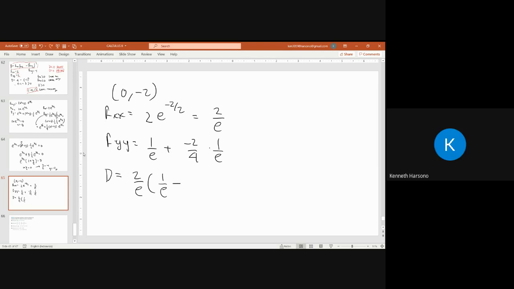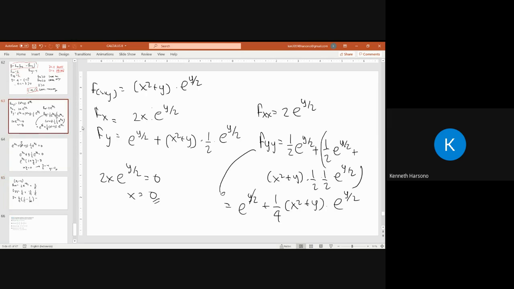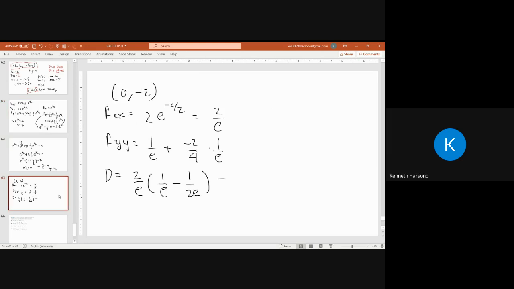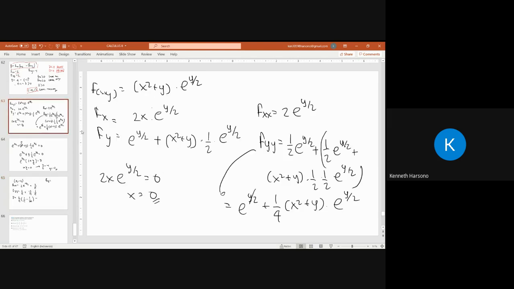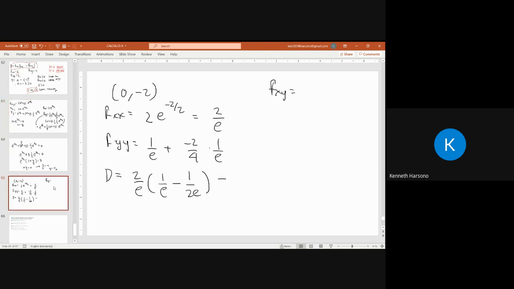Or we can say this one is minus 1 half e minus, oh, we haven't searched for fxy. So we have this one with x, so 2 over 2 times x, so this one is just x e over 2.